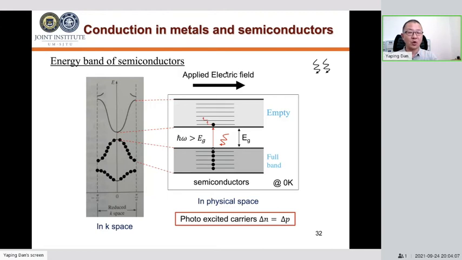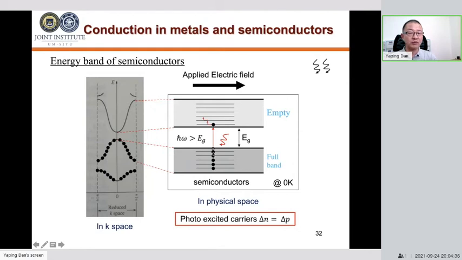So in that case, the semiconductor becomes conductive. We call these excess carriers. We create some excess carriers: excess electrons in the conduction band and excess holes in the valence band. Now, if you create excess holes, the electrons below this unoccupied energy level can receive energy from the electric field.